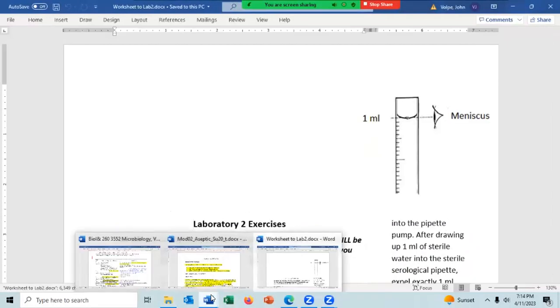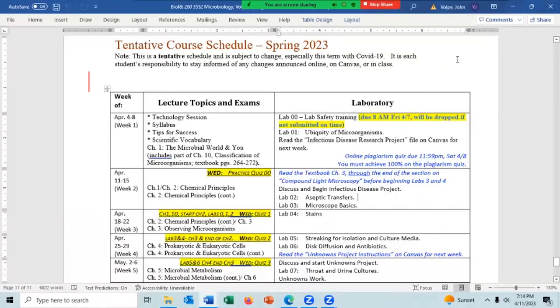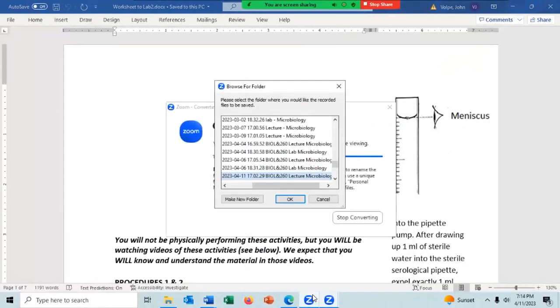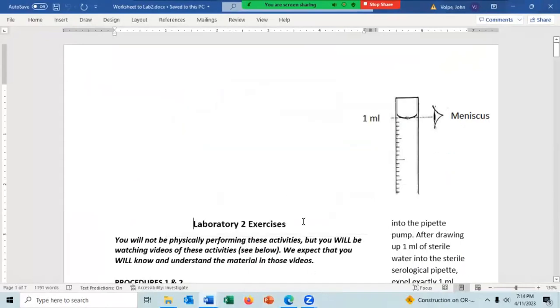Let me shut down the syllabus. I don't want too many things open. Actually, let's check and see if this is finished. It is, good. I can shut that down now.